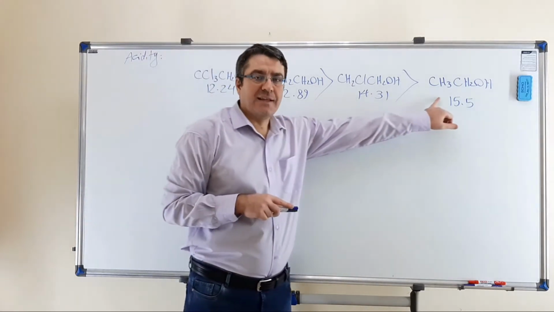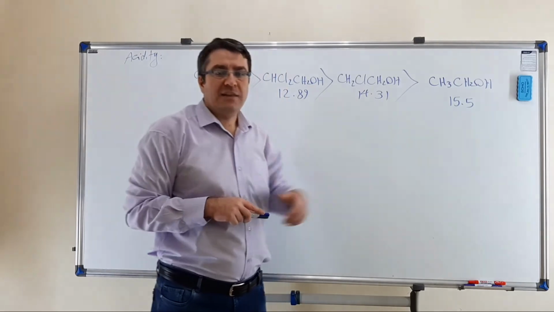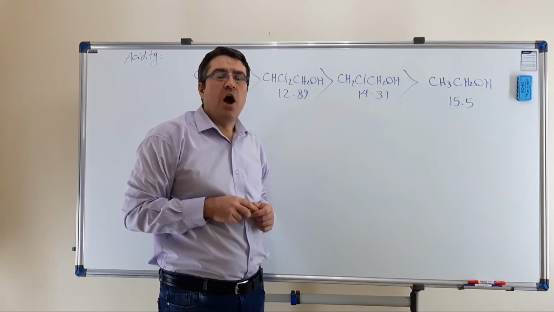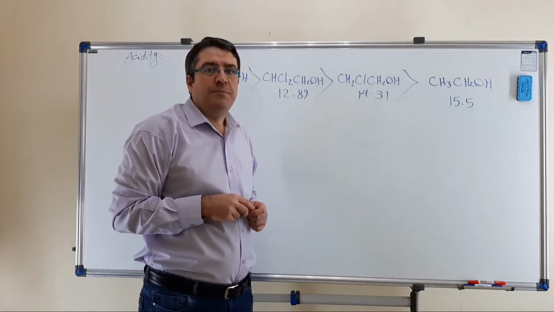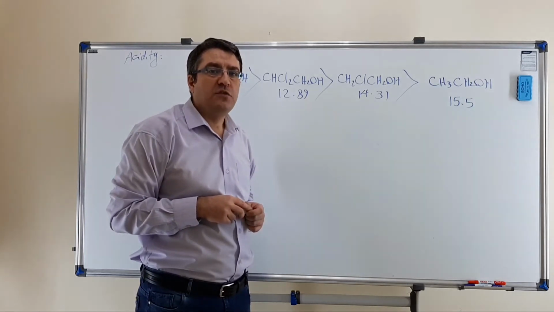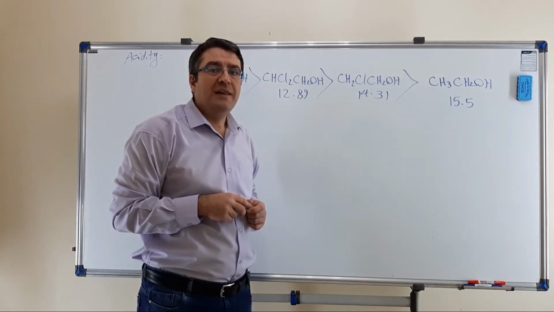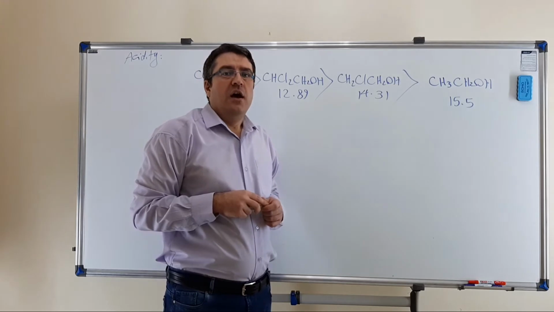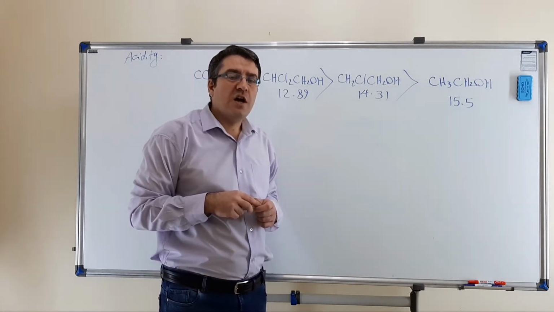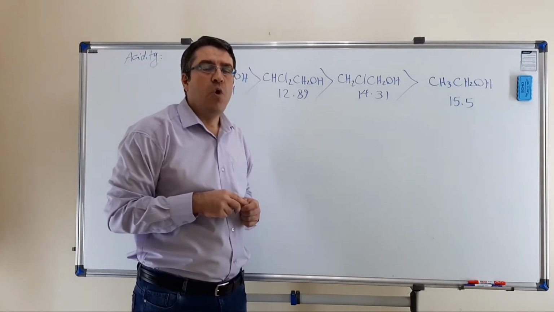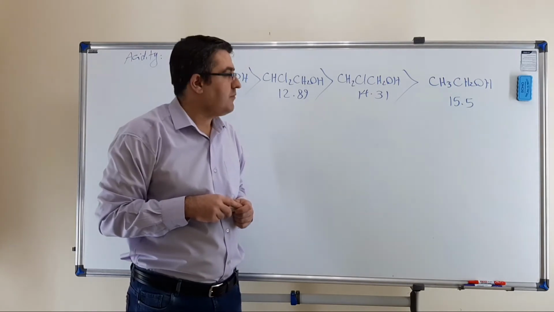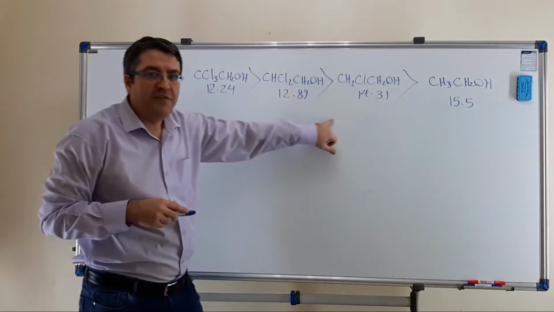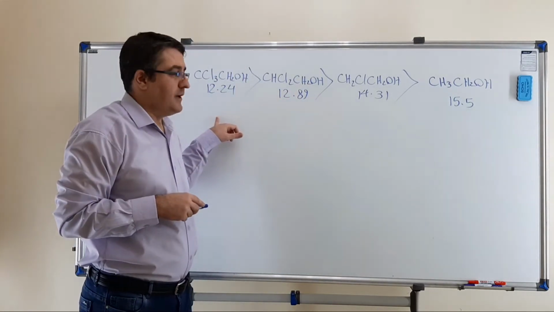Electronegative chlorine atoms withdraw electrons from carbon atoms. Carbon atoms become more positive. It becomes harder for the oxygen of the OH group to withdraw electrons from carbon atoms. As a result, oxygen withdraws more electrons from hydrogen. Hydrogen becomes more positive and acidic. This increases by increase of number of electron withdrawing chlorine atoms.